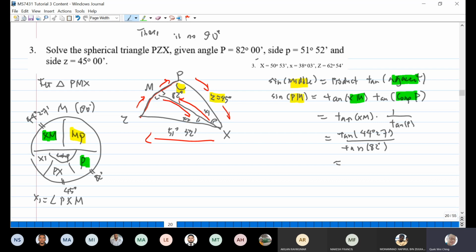And this will give you 0.1378 there. 0.1379.